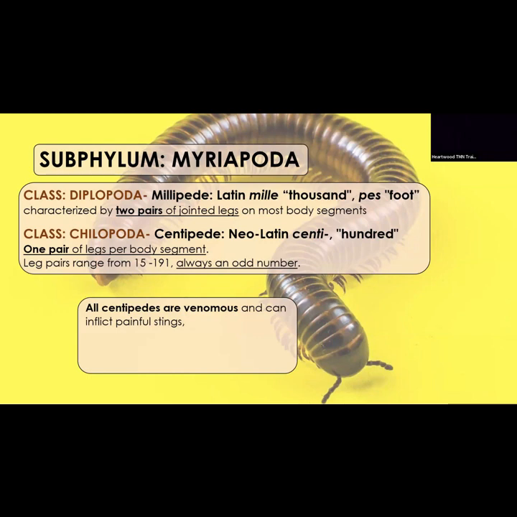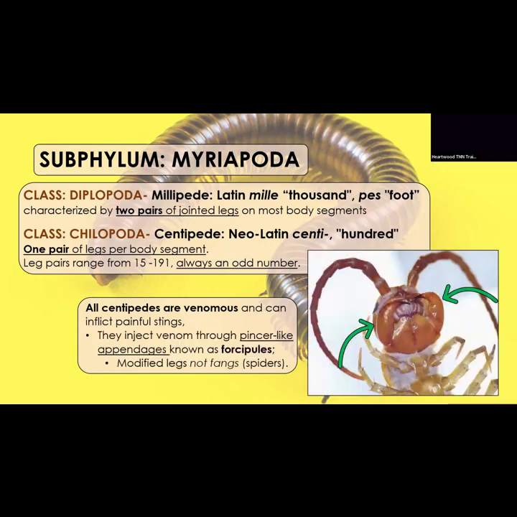Just be careful. They are venomous, and they want to pinch you and defend themselves. They have pinchers that will inject venom. These are modified legs. In spiders, they're fangs; in centipedes, it's modified legs. So even the origin of the fangs is different.